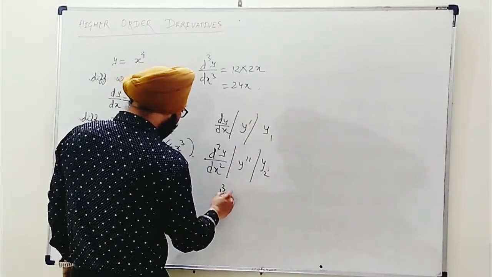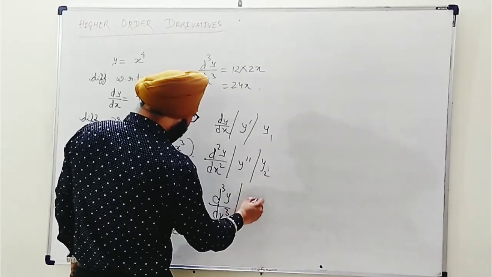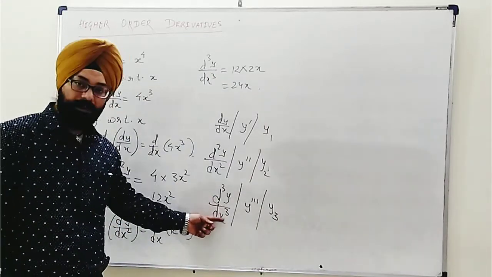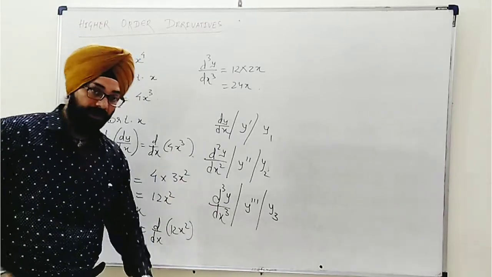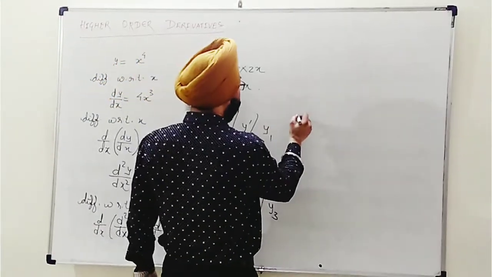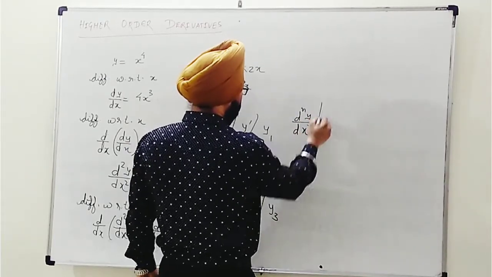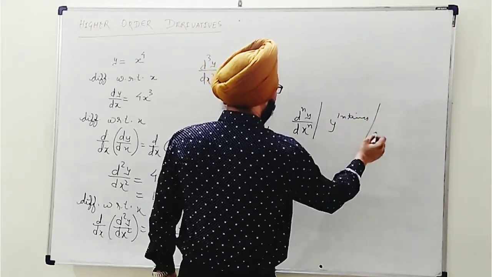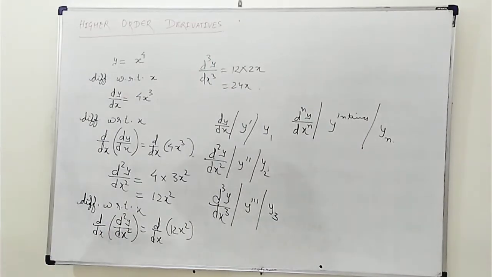If it is the third time, this is y triple dash or y3. This number is known as the order of differentiation, that is, how many times we are differentiating. So in this way we can say it is d n y by dx n, which is y dash n times, and we can say y n. So this is the higher order of derivatives we have to see.